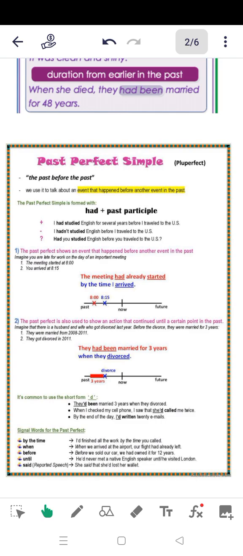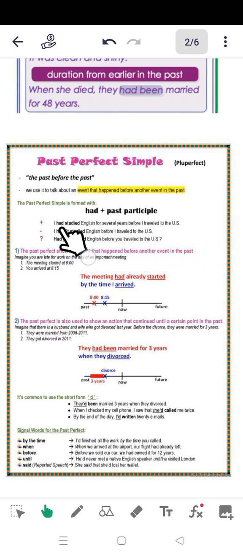The past perfect simple is formed with 3 forms. We have the affirmative form, the negative form, and the interrogative form, which is forming a question. Let's look at the 3 examples here. I had studied English for several years before I traveled to the US.